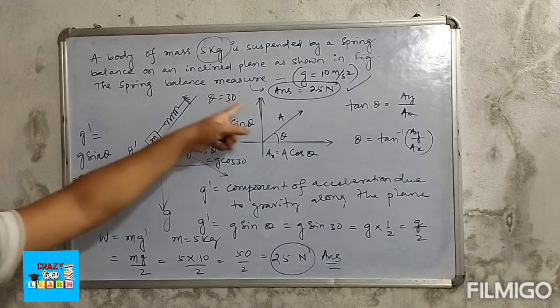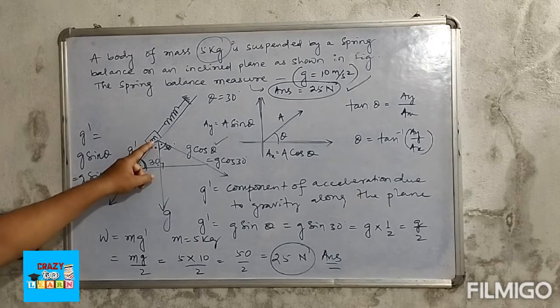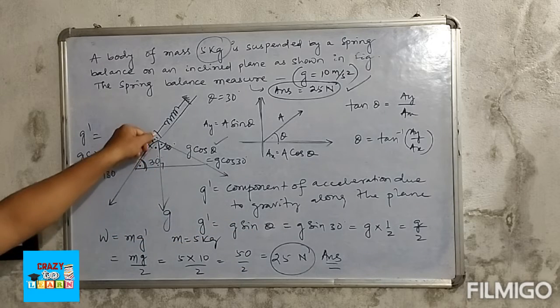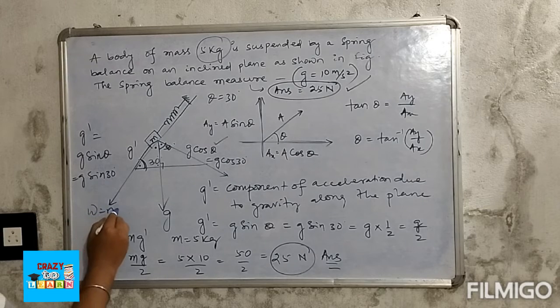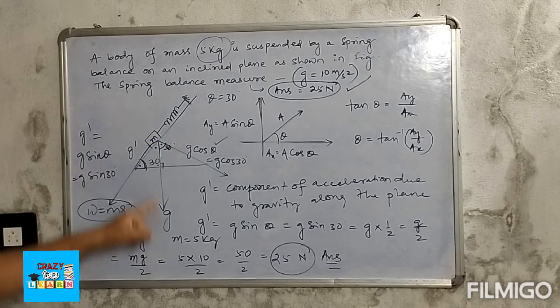The spring balance will measure the weight, and the weight is equal to mass into g, W is equal to mg. But here we will take the g component. If you take W is equal to mg, then you will get the weight along the downward direction.